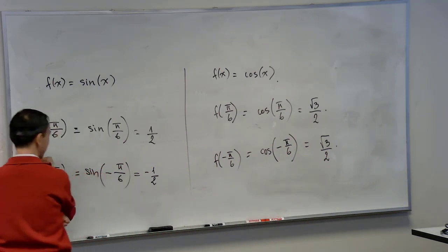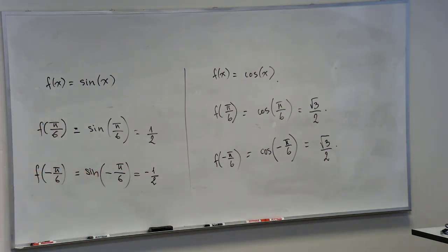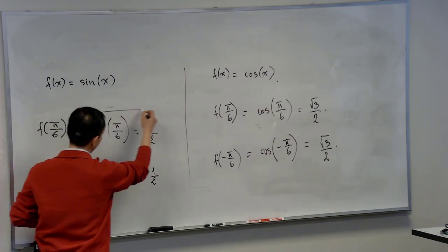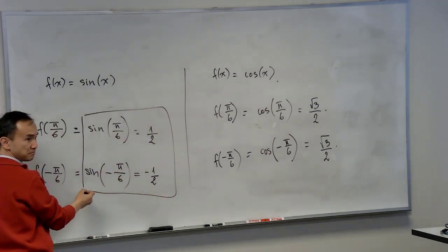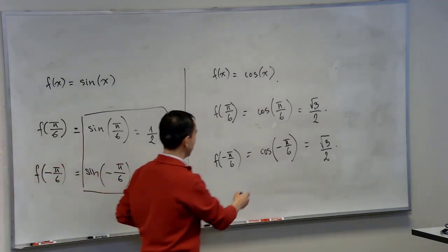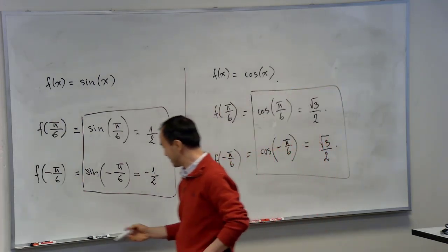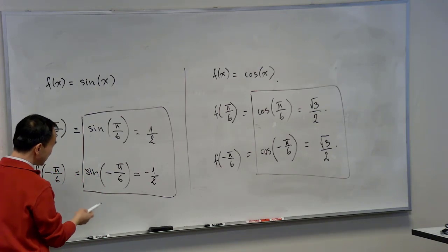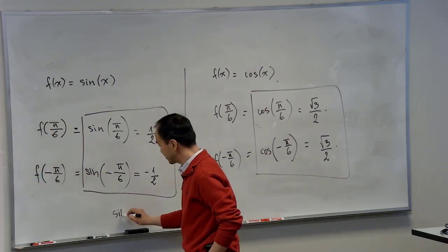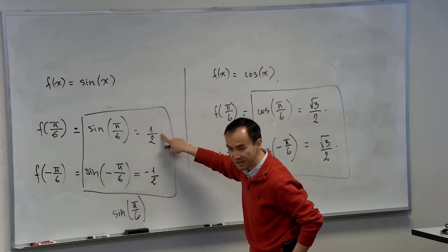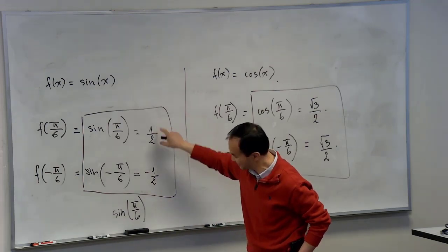Now we want to make some conclusions out of what we were just doing. Let's put this information together. The work we've just done here, I'm putting in a box, and the work we just did here, putting in a box. You see the observation: sine of pi over 6, we found the output to be a positive 1/2.